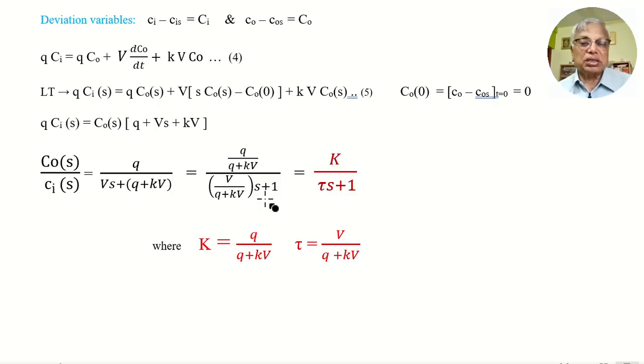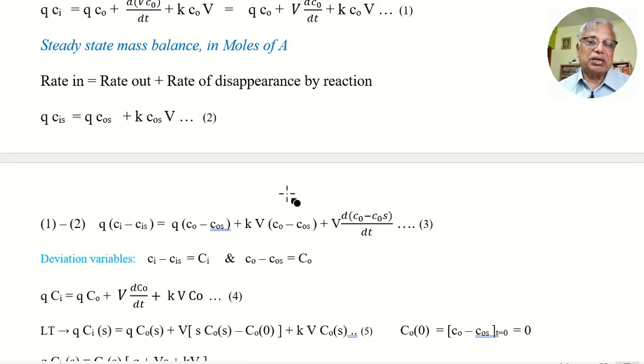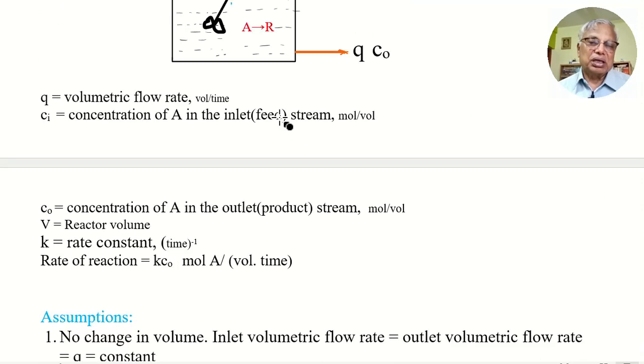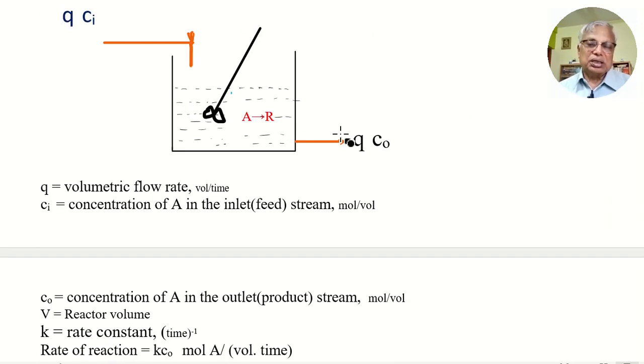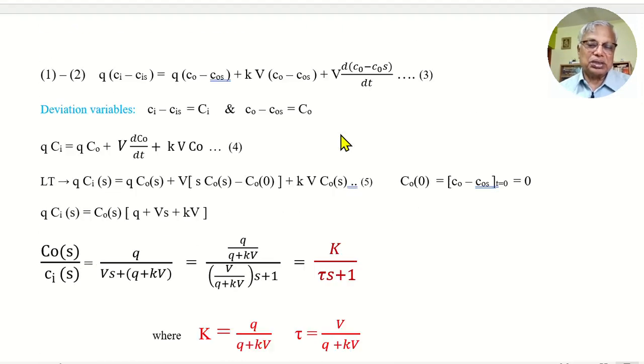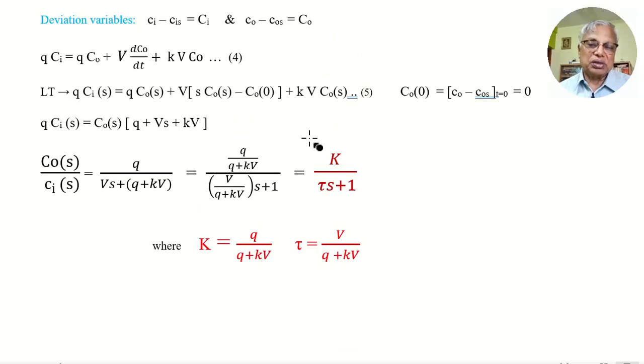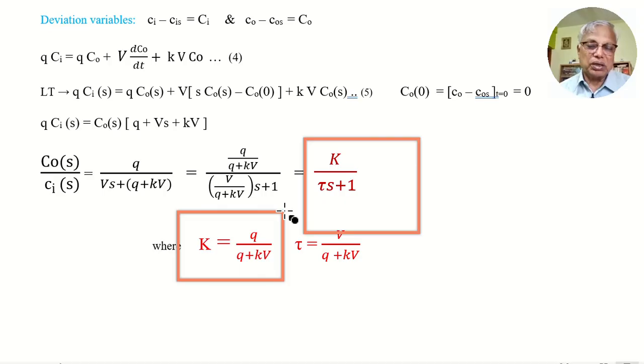This is the standard first order transfer function. So you find that a first order chemical reaction taking place in a CSTR has dynamics that can be represented by a first order transfer function with the gain K equal to Q by Q plus Kv.